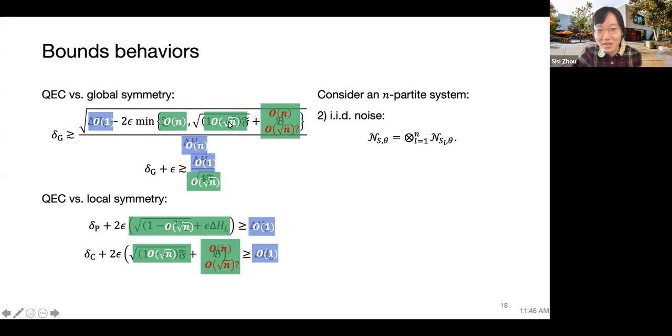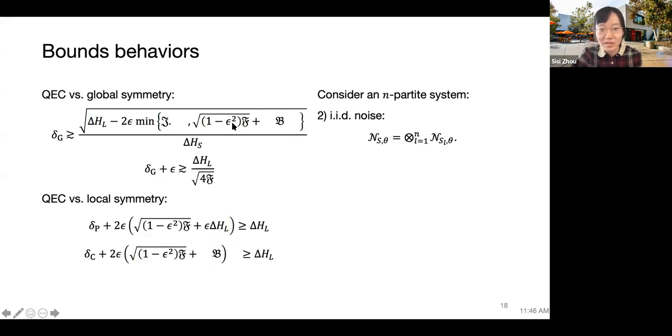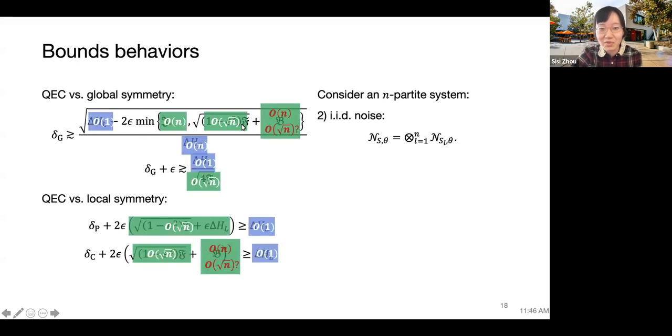But the square root of F is going to scale like the square root of N. So it's different from the previous case where we have just N. So F is going to be smaller. It's going to change from N to the square root of N. And B, whose upper bound is still N, so it doesn't matter. But basically in the end, if we have this square root of N plus N, we will still get N, so that's not good.